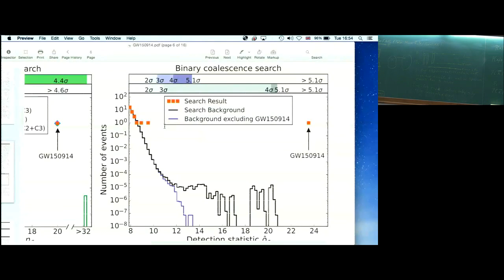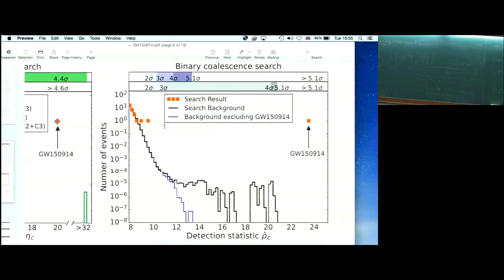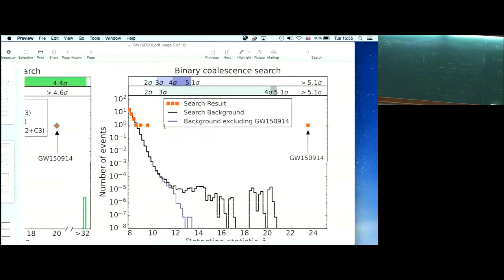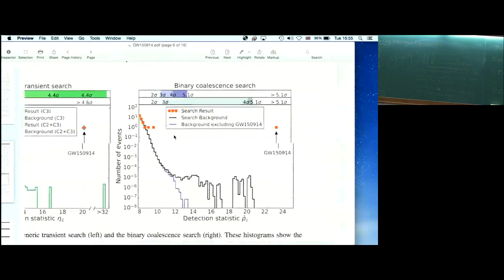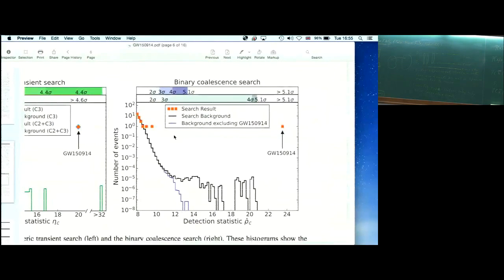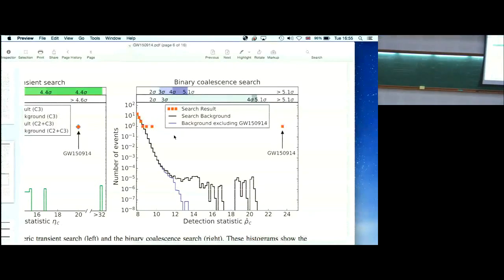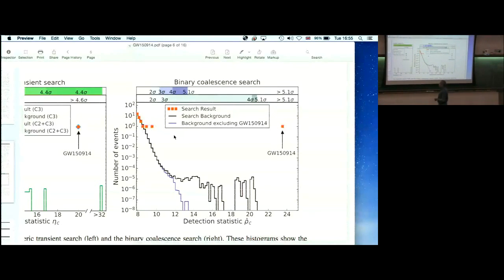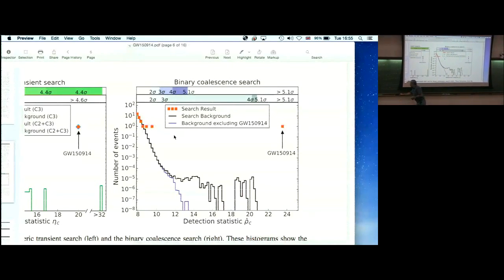This is the detection statistic rho cap. It is made up of the true signal to noise ratio and the chi-square that we were talking about. Somebody asked me yesterday what that rho cap was.